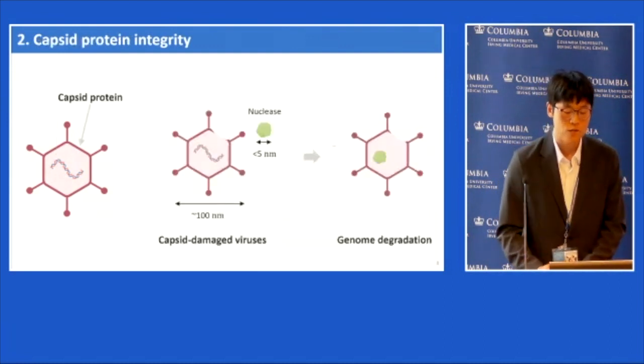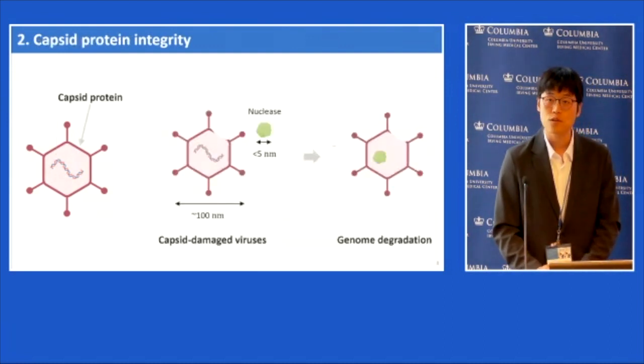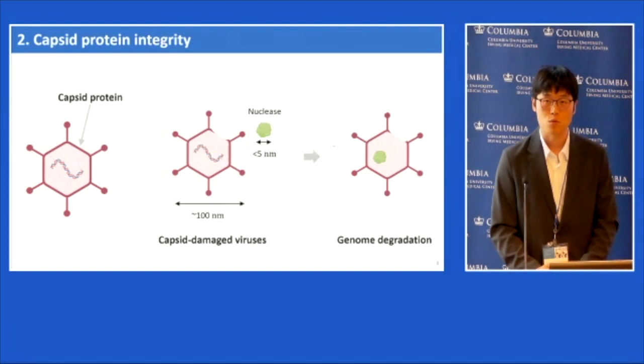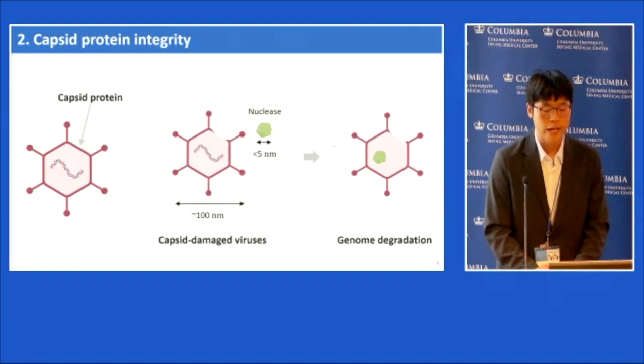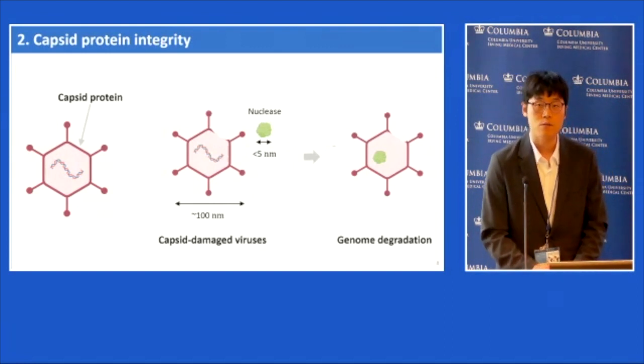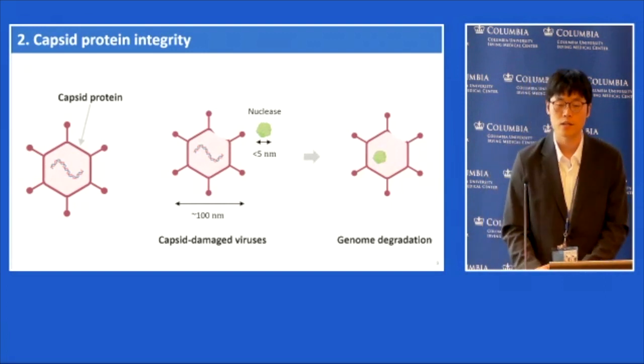Second, we developed an assay that can quantify the number of viruses with lesions on their capsid proteins, through which nuclease can penetrate the virus particles. Nuclease is a 5 nanometer long enzyme that can cleave the genome into small pieces. So if the capsid protein is denatured, nuclease can penetrate the virus particle and degrade the genome.